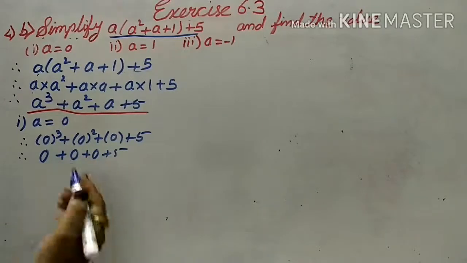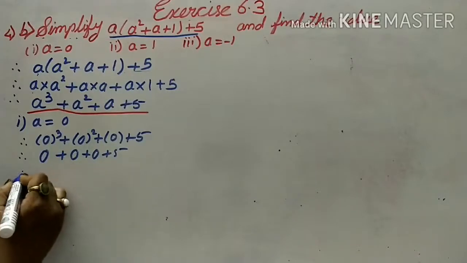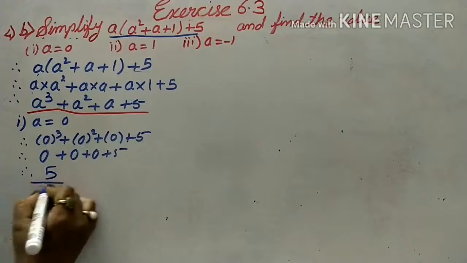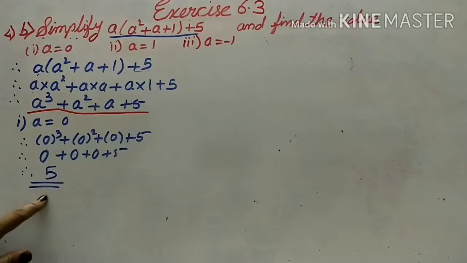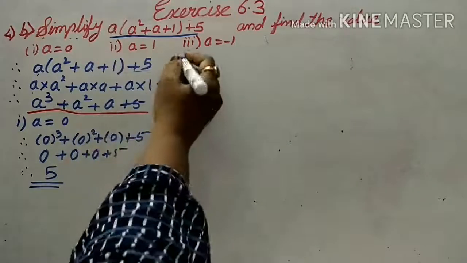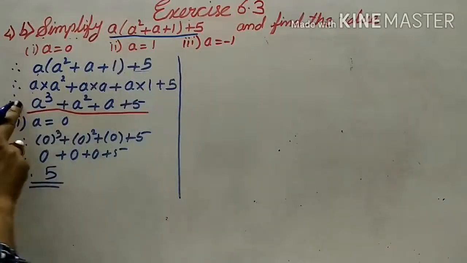Now 0 plus 0, 0, 0 plus 0, 0, 0 plus 5 is 5. Therefore the answer is 5. If a is equal to 0, then the answer we got here is 5.